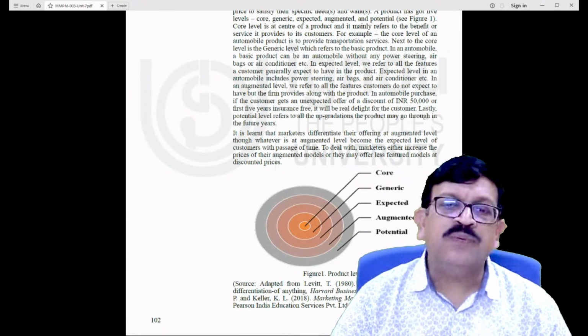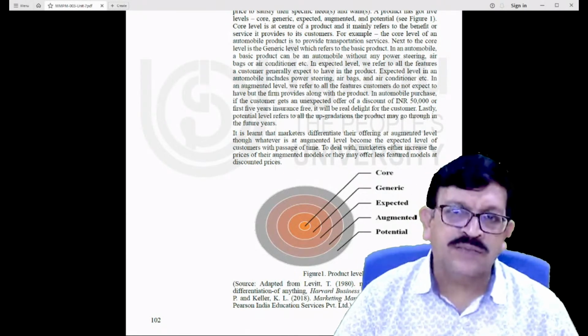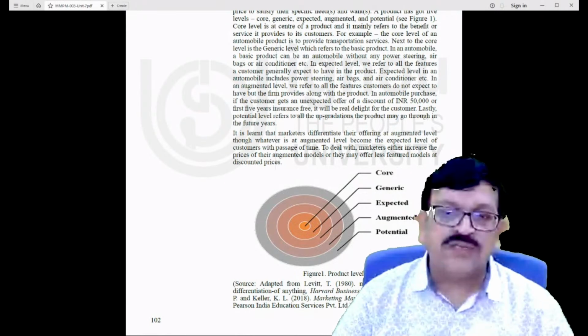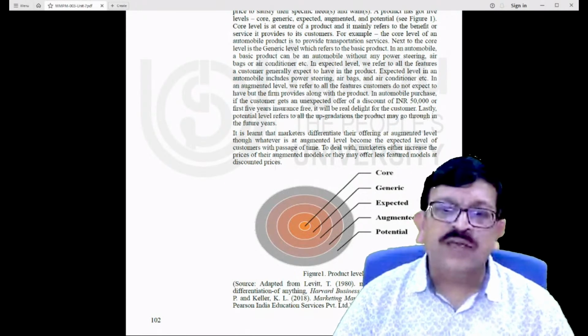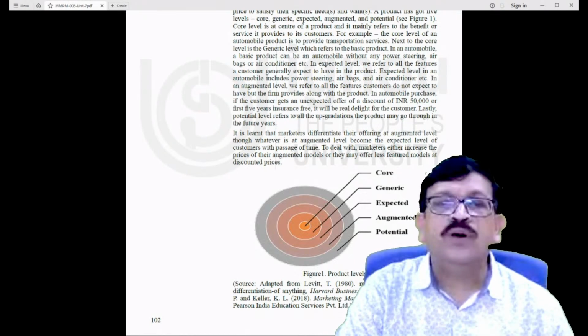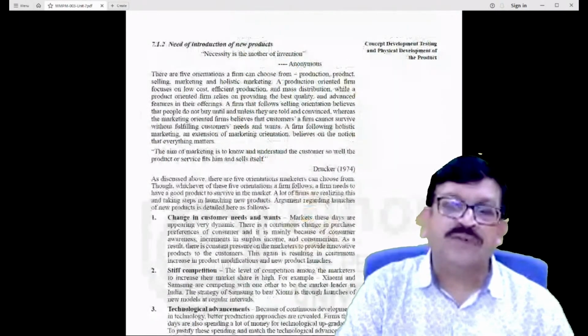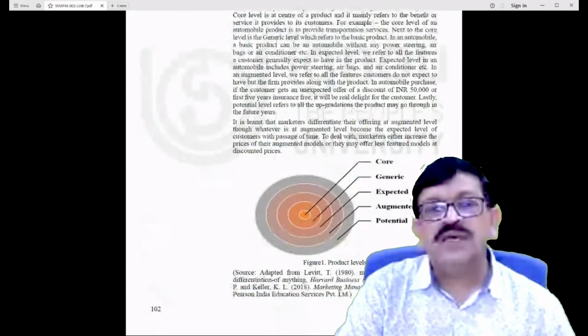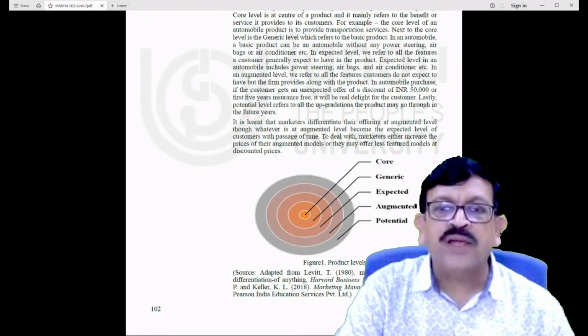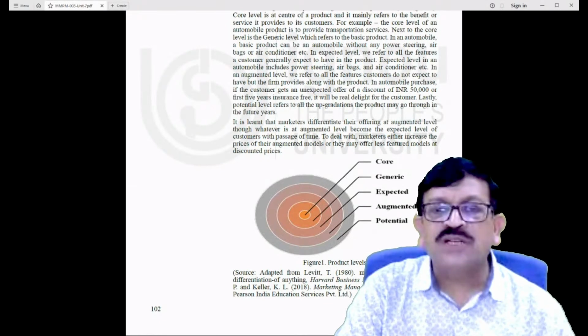If you remember, in the product hierarchy, we talked about the different product levels. Just to reiterate, as you can see in the figure here, at the base is the core of the product, which is what the product stands for.